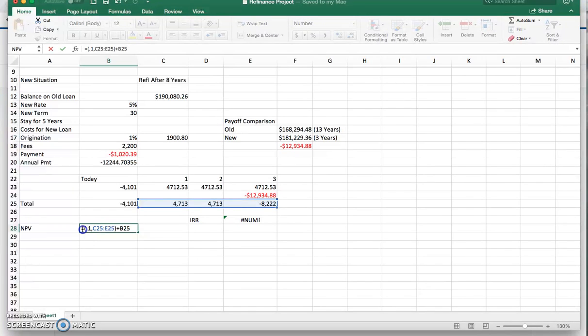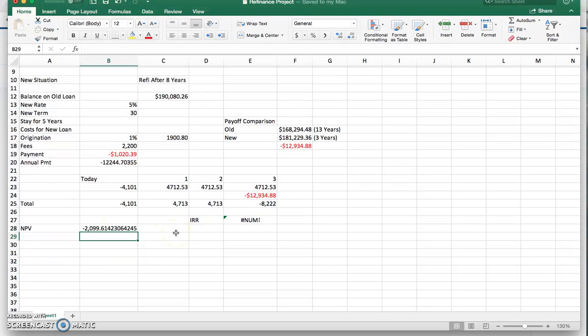Oh, I didn't put the function. There we go. The net present value is a negative almost $2,100. So it would not be a good idea to refinance. It'd be better to stick with the old loan payment situation.